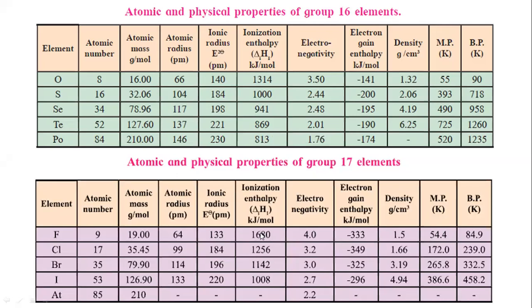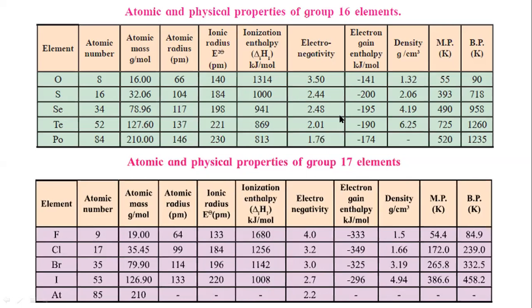If you compare the ionization energy values of fluorine and iodine, see, iodine has only 1008 kilojoule per mole. This amount of energy is less than fluorine's, because the atomic size of fluorine is very small and the atomic size of iodine is very large, meaning the electron is away from the nucleus. I think no question will be asked from this table, remember.